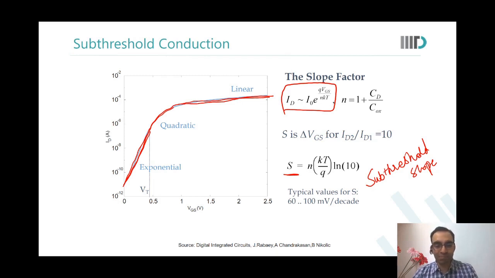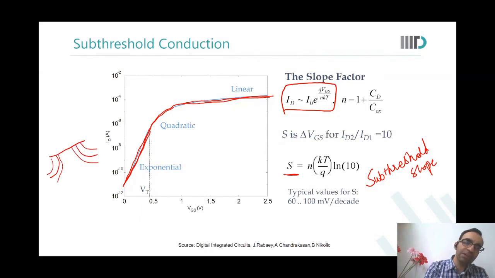Because the depletion region, so अभी जो एक photo बनाई थी यहाँ पे, there was this depletion region. If my VGS is negative, that is, I do not have any depletion layer, then there is no connection between these two. There will be no VD, no ID. As soon as I increase VGS, what happens? Depletion region starts to become there.